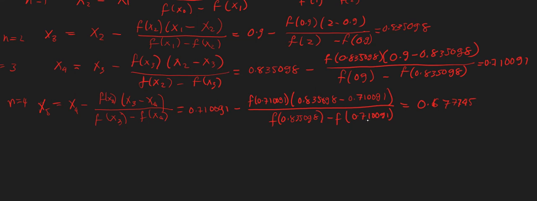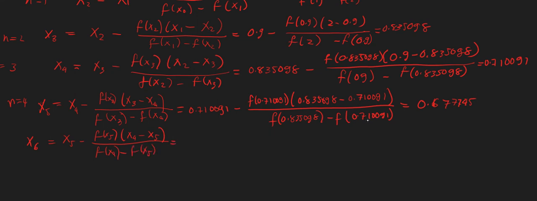So next will be x6. x5 minus f of x5 times x4 minus x5 all over f of x4 minus f of x5.